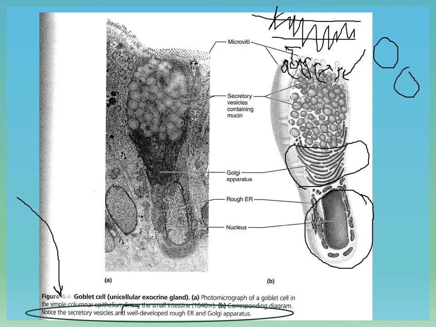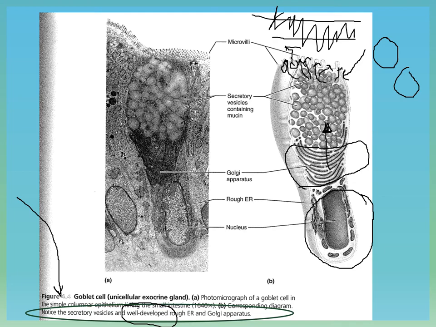So they're well-developed. Why would they have well-developed endoplasmic reticulum and Golgi apparatus? Well, the answer would be simply that they are responsible for the packaging of mucus and lysozyme into these vesicles. So you can see it's kind of a factory.